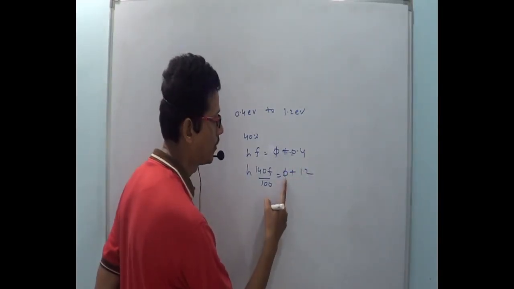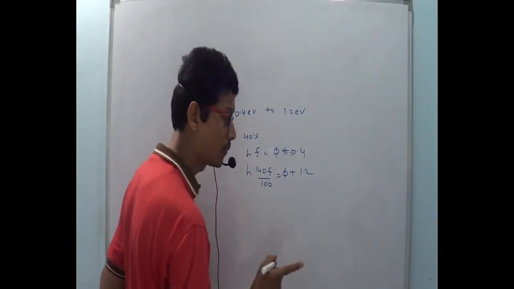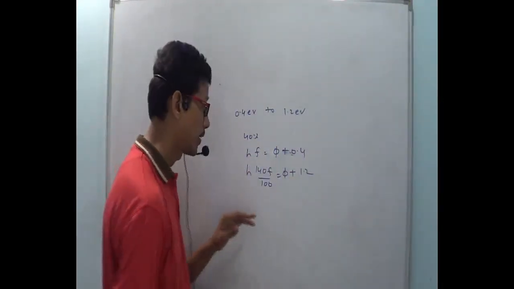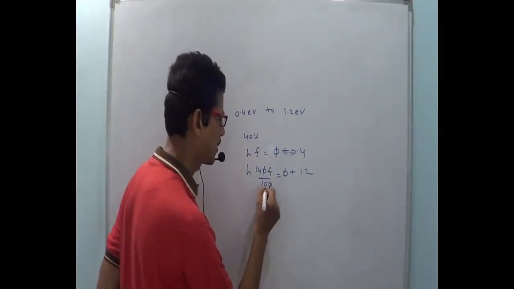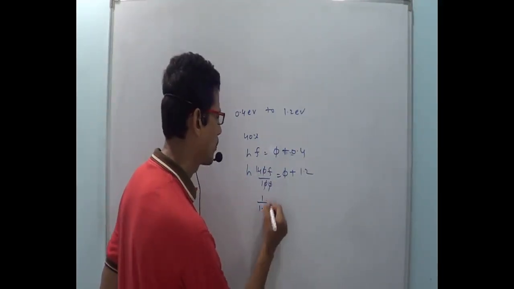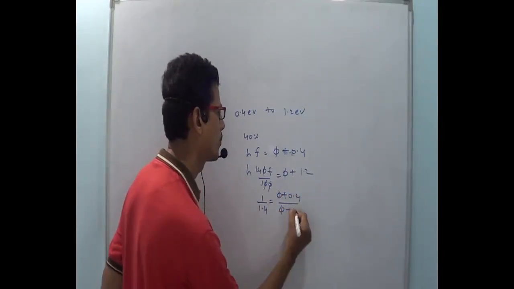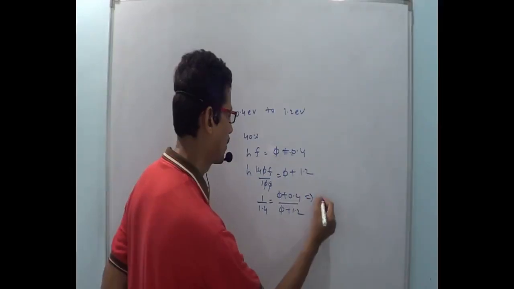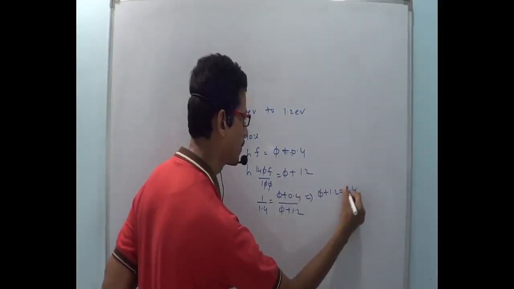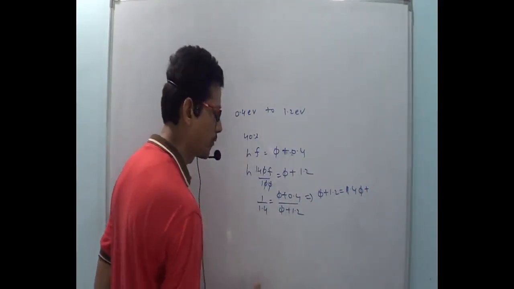Now I want phi in electron volts only, since the answer is asked in electron volts. So divide: first cancel h f, this is 1.4, so 1 divided by 1.4 is equal to phi plus 0.4 divided by phi plus 1.2. Cross multiply: phi plus 1.2 is equal to 1.4 phi plus 0.56.